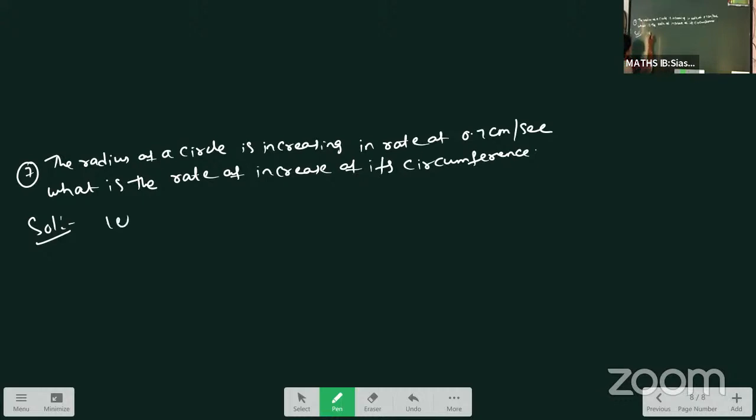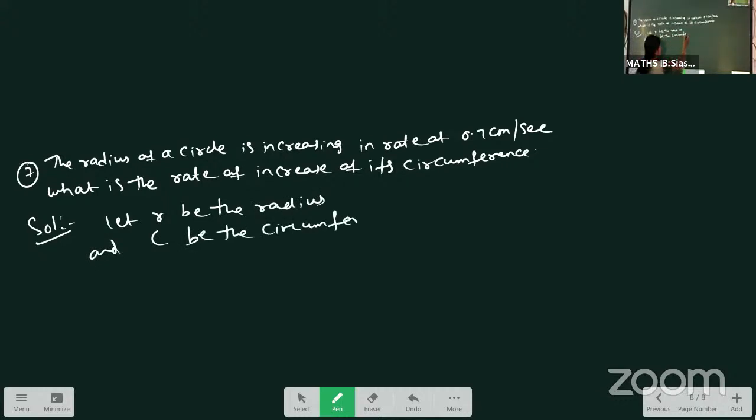So first, let r be the radius and C be the circumference of the circle. Given that, the rate of change in the radius, dr by dt, is equal to 0.7.